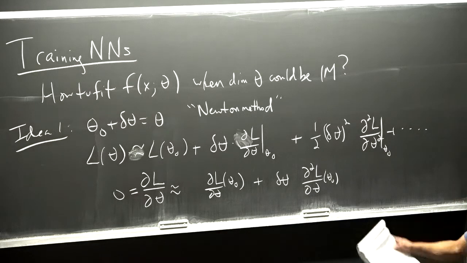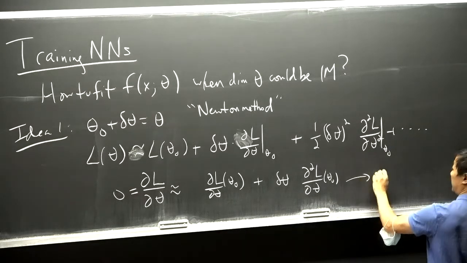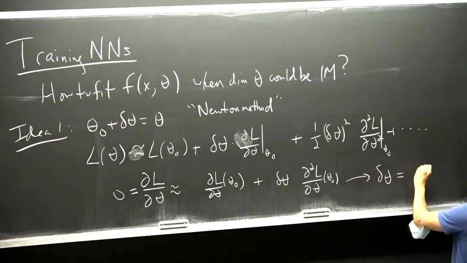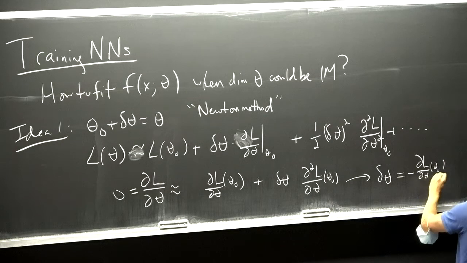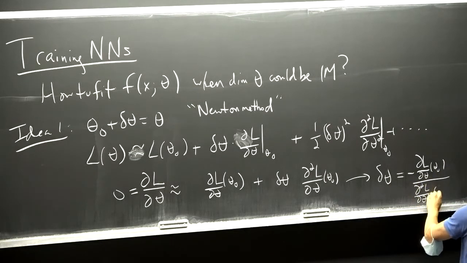So we set that to 0, and we get our next guess for the best fit value, which is just this. Okay, so this seems like a really nice thing to do.